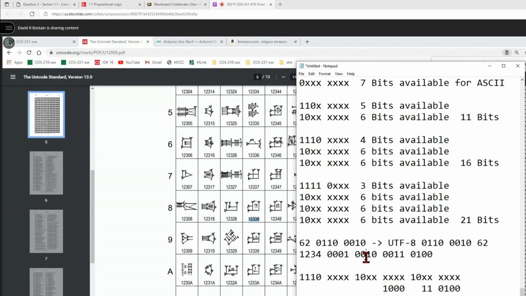Next one is just 2, so it's a 00. And then we have those. We'll go right here.